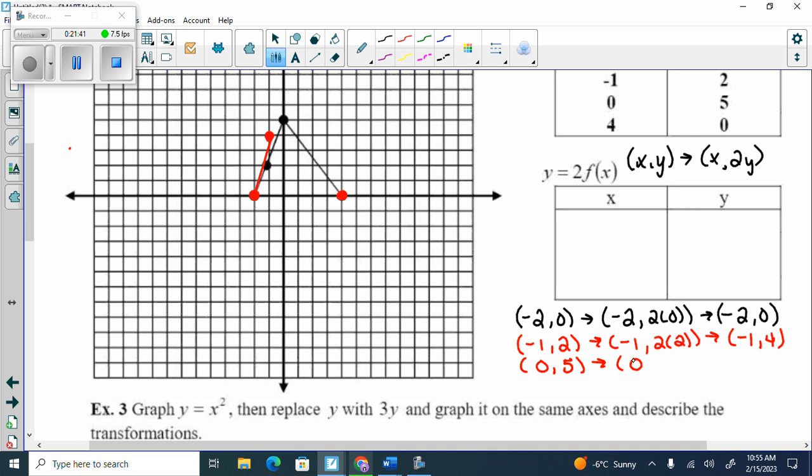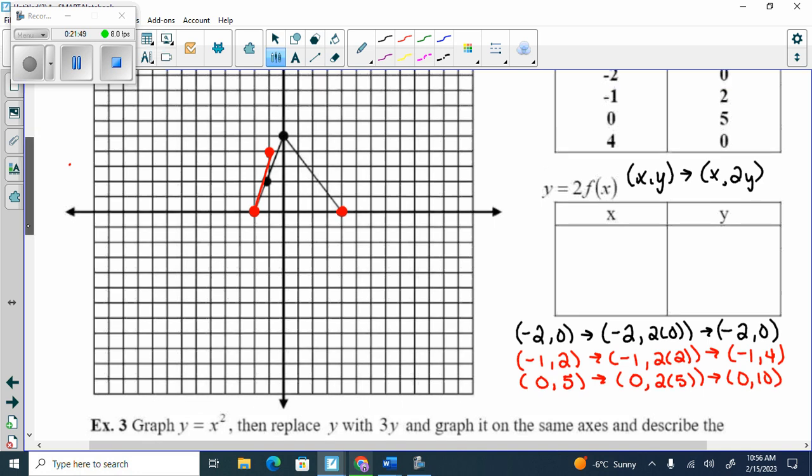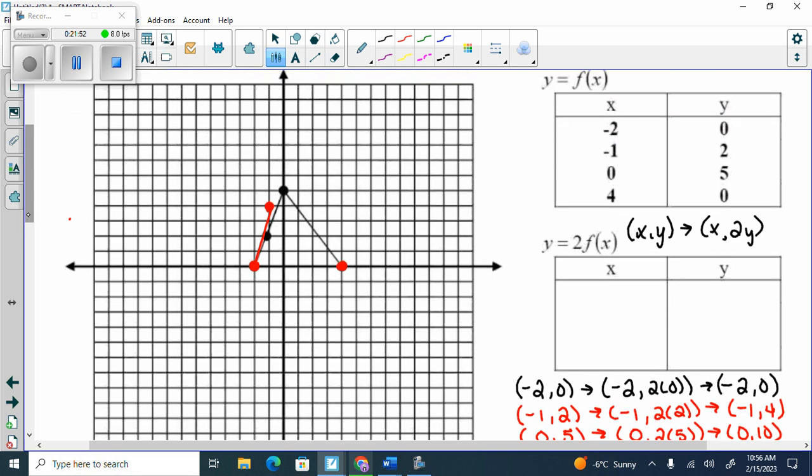Is going to become 0 and 2 times 5, which is 0, 10. I'll pretend that's straight. Oh my goodness, it's getting worse than this. So when we move graphs, we use mapping. If you can't fill your mapping in right, though, from off the equation, you're in trouble.